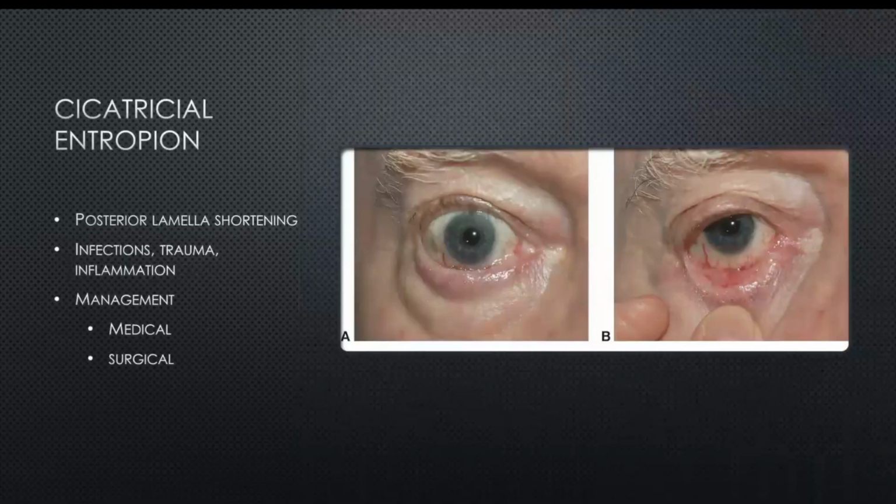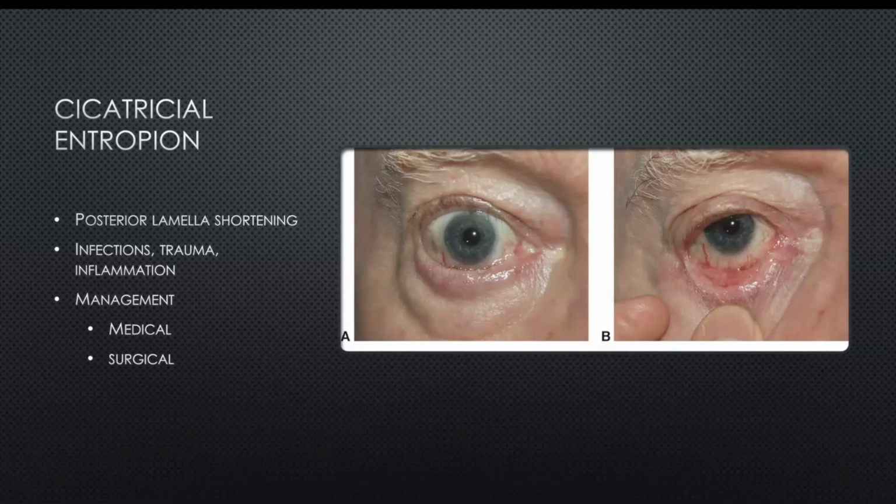With cicatricial entropion, the cause is a bit different. What's actually happening is your eyelid is being pulled towards the eye, and that's usually because you've got some posterior lamellar shortening. Now, that can be secondary to all sorts of things. Most commonly, especially in the upper lid, it's trachoma. Previous trachoma causing a cicatricial conjunctivitis, and that then scars and shortens the posterior lamella, pulling that eyelid towards the globe.